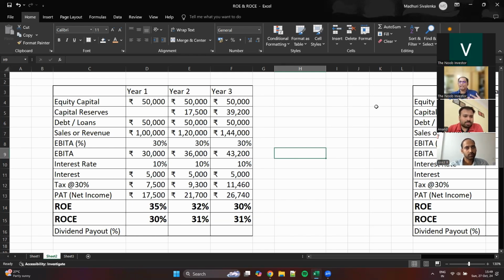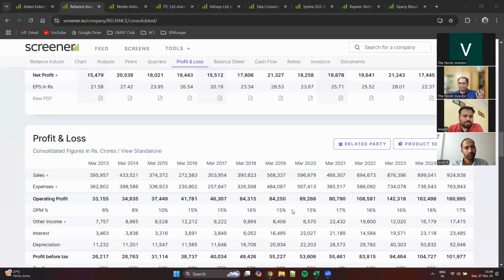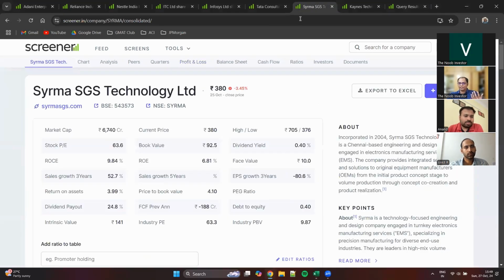Right? So what happens is, I'll give you an example. One of the favorite industries right now is EMS, electronic manufacturing services, right? These are fast growing companies. You look at one such example. See, Syrma SGS, sales growth 52% compounded over the last 3 years. What is the ROE? Just 6-7%. Right? Because they're growing. So for them to grow, we cannot expect such companies to have high returns.